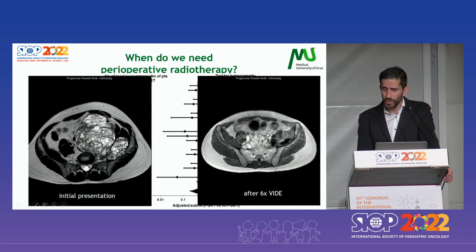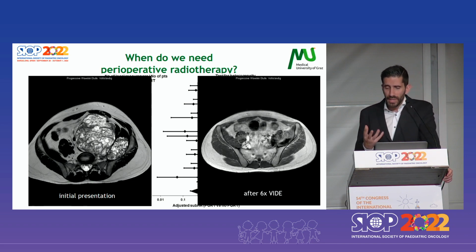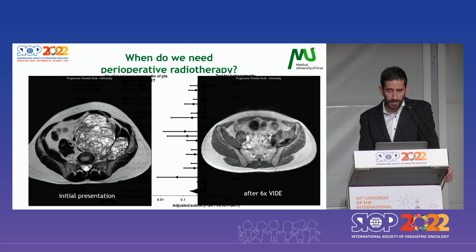But if I do surgery here, I will most likely not address the muscles in this area. So there may be some residual cells remaining in situ if I do surgery after a very good response to chemotherapy. And if I do postoperative radiotherapy in these patients, I may have the possibility to rescue some of the patients that would go on to develop local relapses.